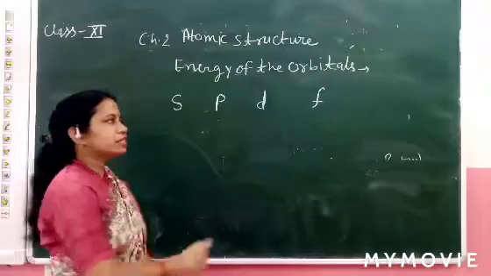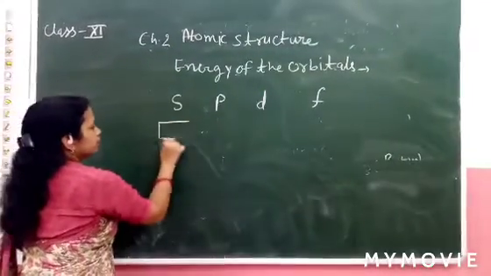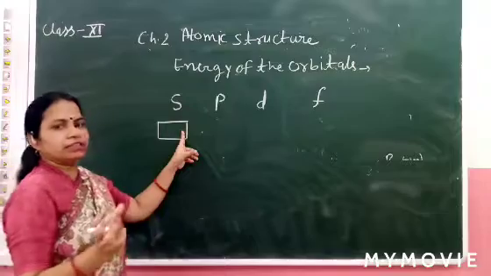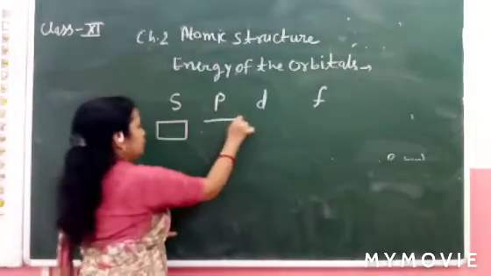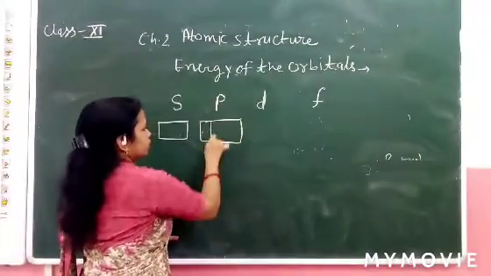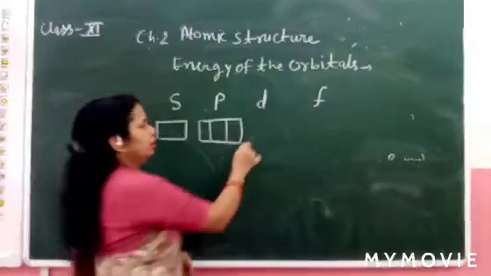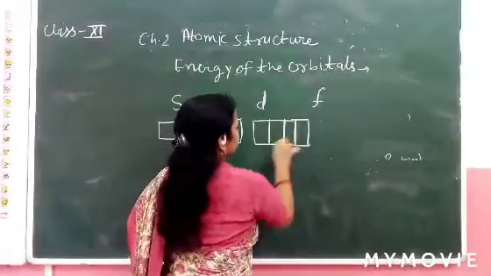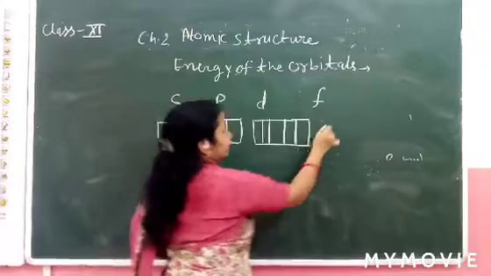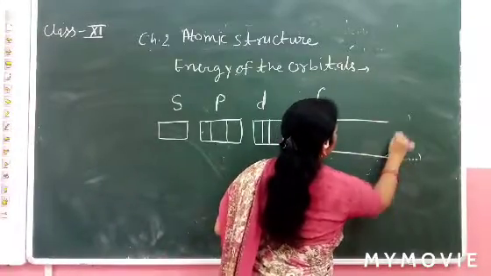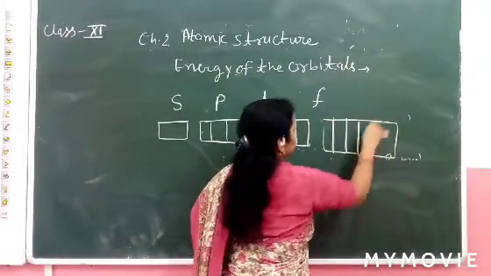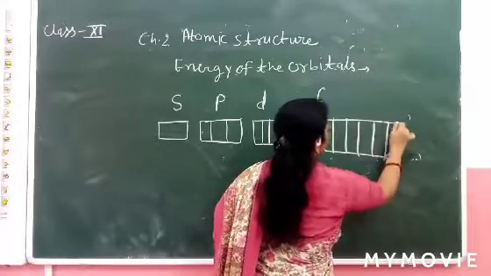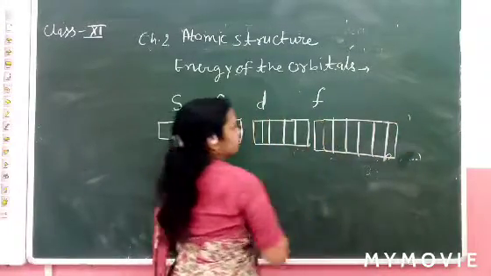These are orbitals, and their subcells are: S has one, represented by a box like this, P has three, D has five, and F has seven.